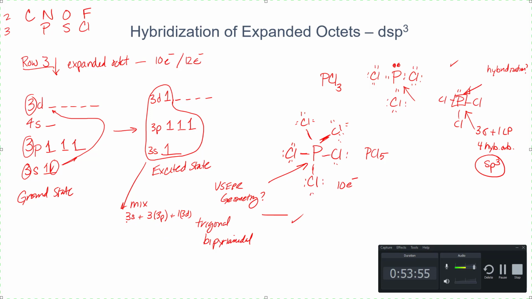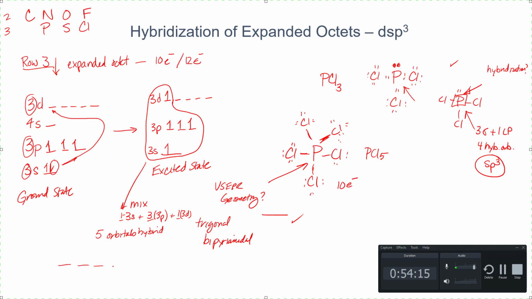That's a total of 5 orbitals, which means I'm going to get 5 hybrid orbitals.